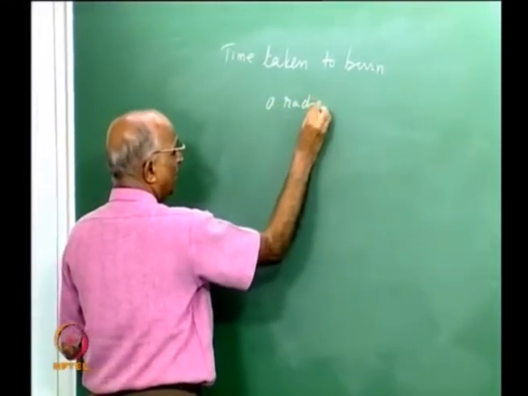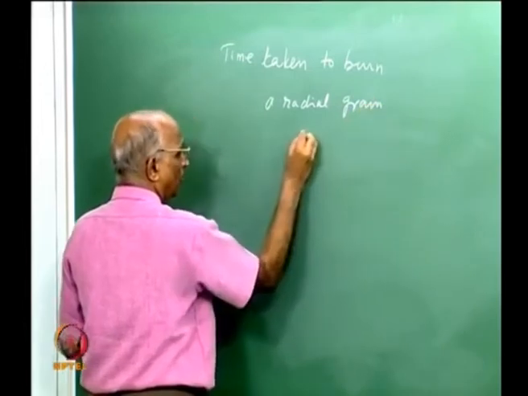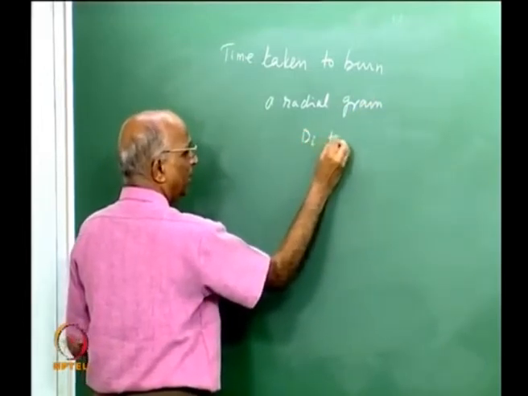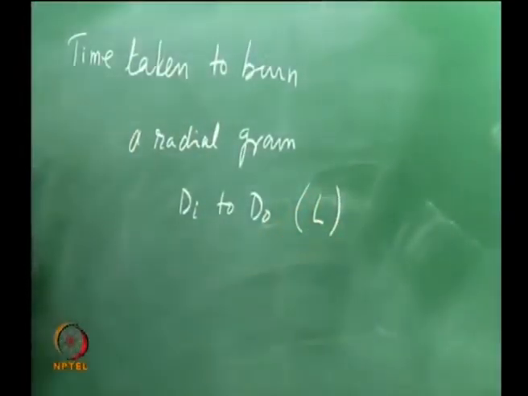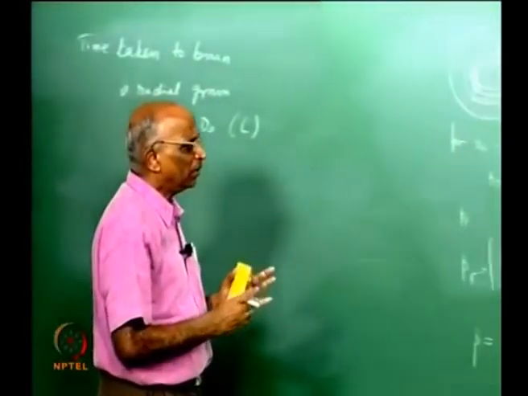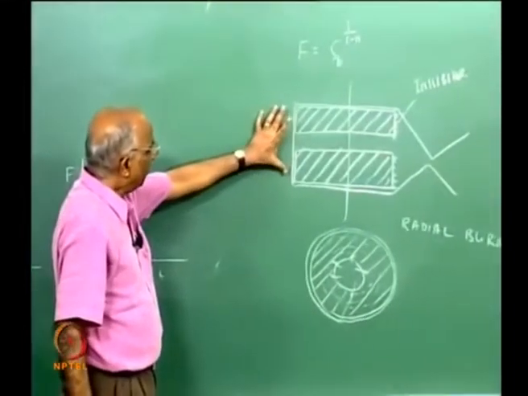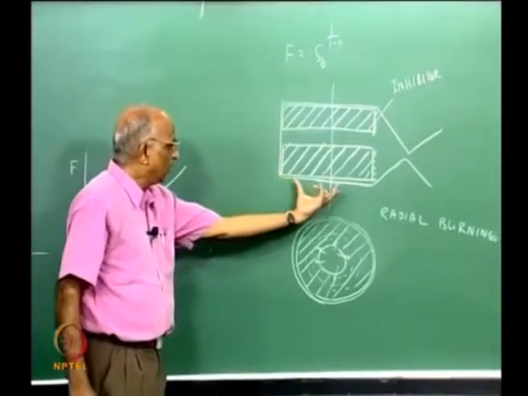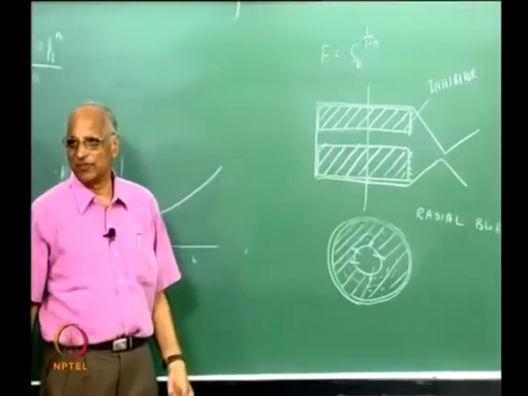Now I am using a slightly radial grain between di and outer diameter do, the length of the grain being L. The same problem, the same thing I am considering: the initial diameter is di, the final diameter is do, and the length of the grain is L. I want to find the time taken to burn this.